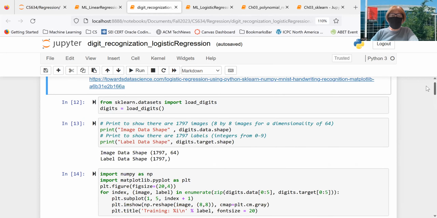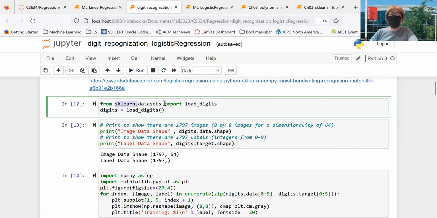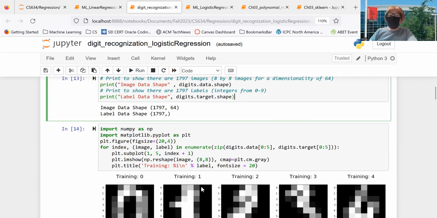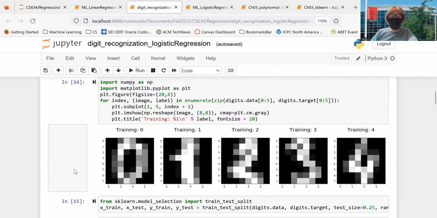In sklearn, you can get this data set by calling load_digits. Each digit is 8 by 8 pixels, a very rough one.